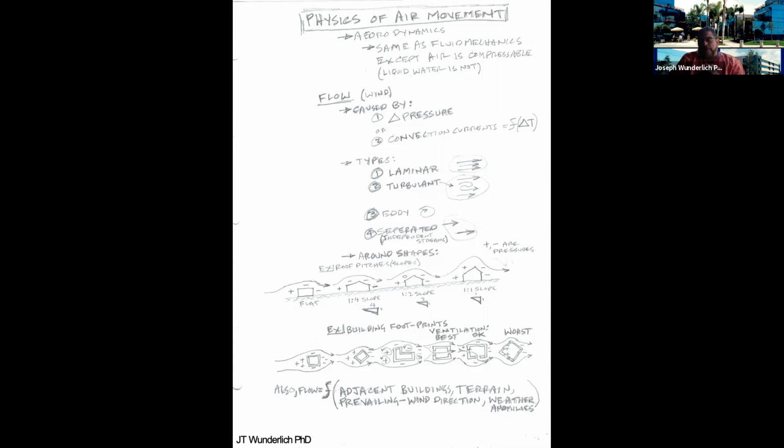And then radiation we've talked about. But convective currents are a function of the temperature change, delta T. And then you have laminar flow and turbulent flow. You have eddies. And then you have separated, independent streams. So not just concurrent to each other, but not necessarily correlated.